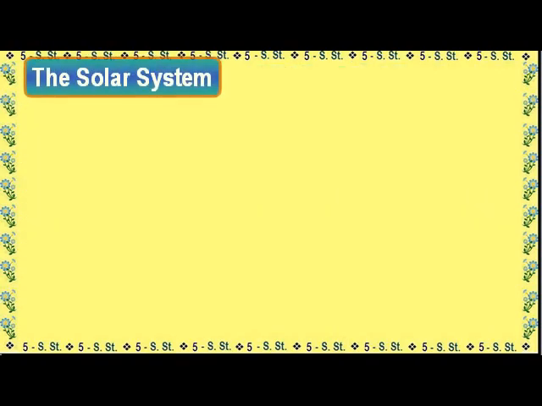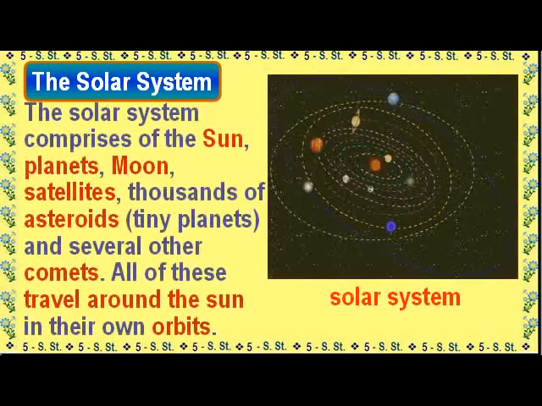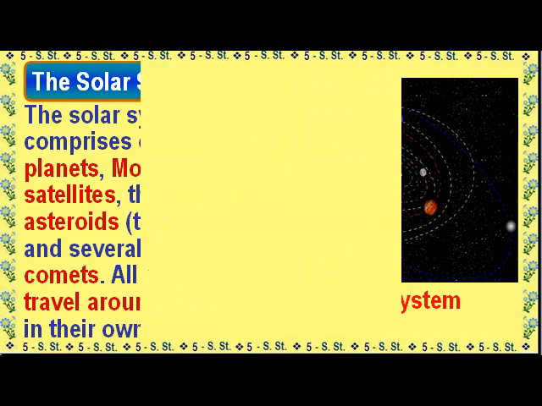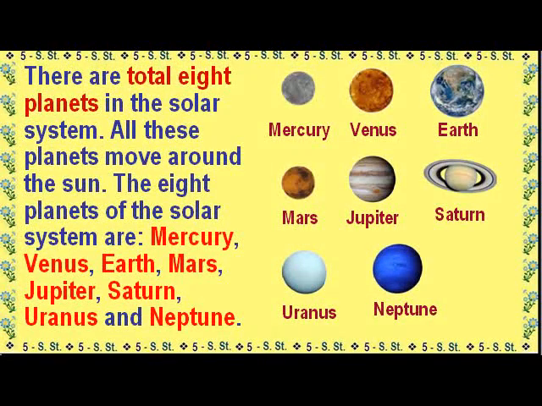The solar system. The solar system comprises the sun, planets, moon, satellites, thousands of asteroids, tiny planets, and several other comets. All of these travel around the sun in their own orbits. There are a total of 8 planets in the solar system.